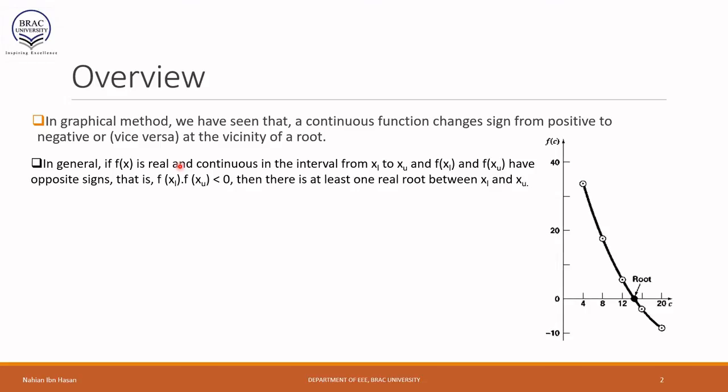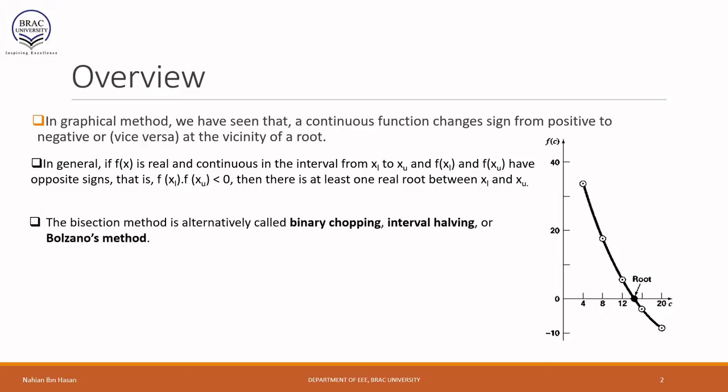We have seen this graph in our previous lecture, that at the vicinity of the root the function changes its sign. So that's how we initially approach the bisection method. The bisection method is also known as binary chopping, interval halving, or Bolzano's method. All of these are different names of the same bisection method.